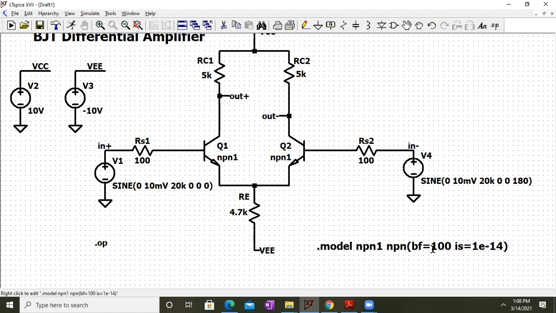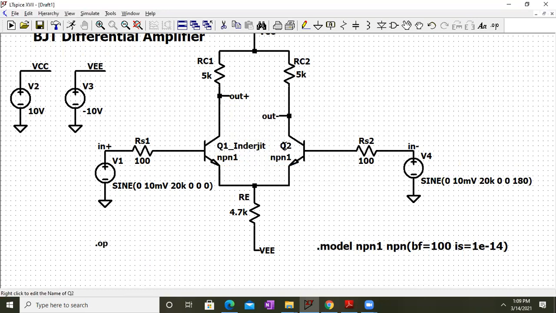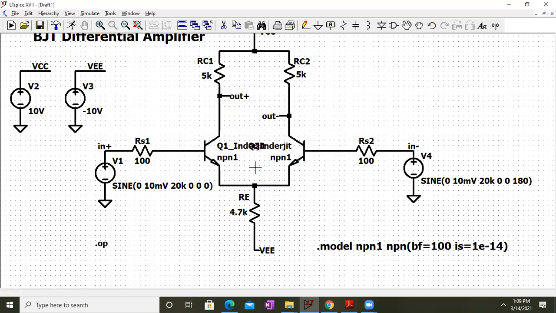Dot model NPN, and the name is given over here, NPN1, and the reserved word is NPN, and beta is written as BF, which is 100, and IS is the reverse saturation current, which is 1 into 10 to the minus 14. Now let me rename this transistor as Q1, and the other as Q2.